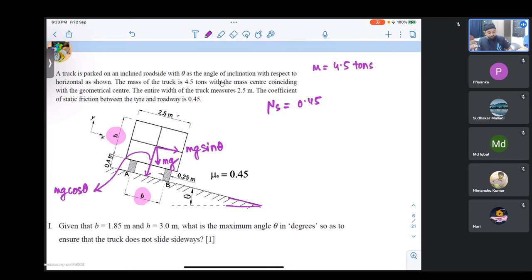There will be friction mobilized at these points, and the limiting value of the friction will be when it is at the verge of sliding.